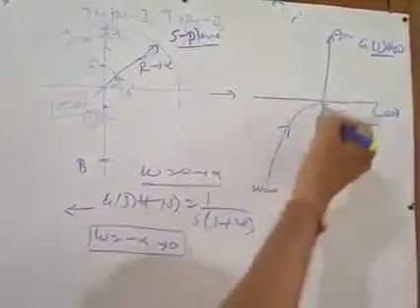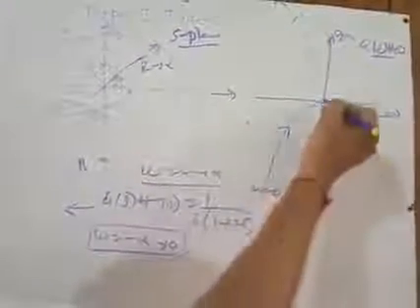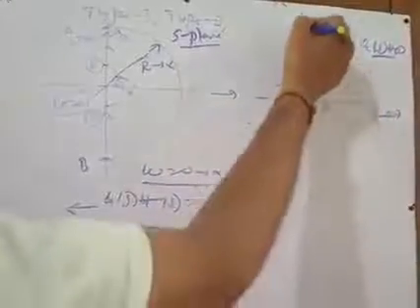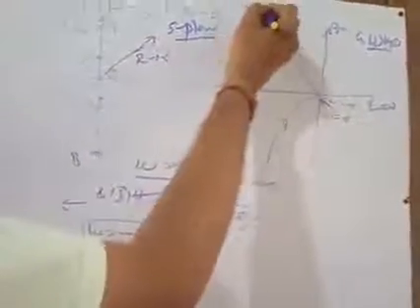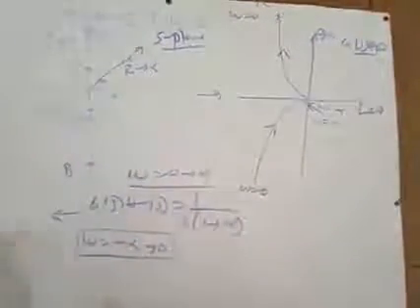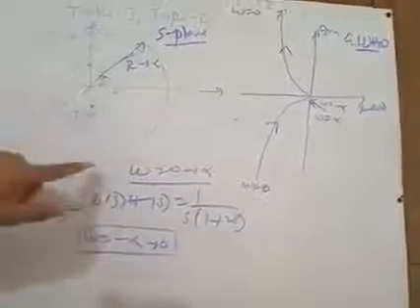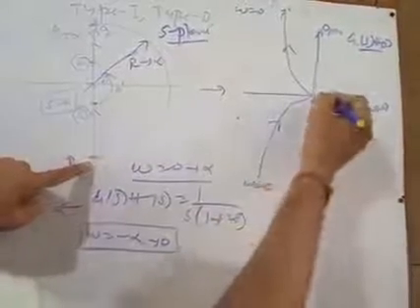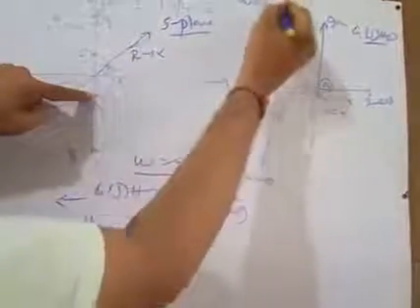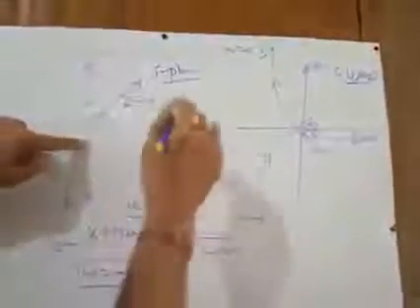If this is the polar plot for omega equal to 0 to infinity, then this will be symmetrical about the x-axis, and the direction is the same. Again this will be omega equal to minus infinity, and this will be omega equal to 0. If you map between these two element-wise, this is your B point, and this is your D point.